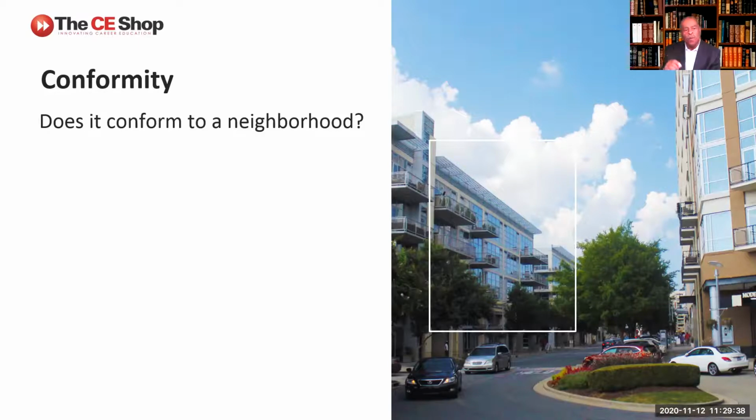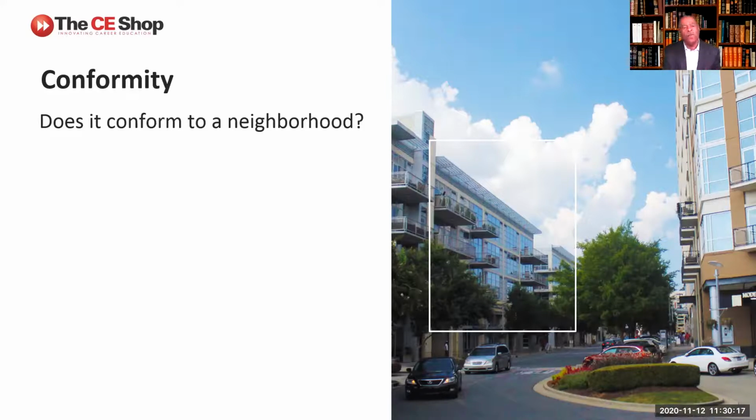Developers, as unique as they want their properties to be, want them to blend in and conform to existing neighborhoods. If you don't have a property that conforms, i.e., you may have a 4-bedroom home in a neighborhood of 2-bedroom ranches, the value of that 4-bedroom home, due to its lack of conformity to the 2-bedroom ranches, will be negatively impacted.